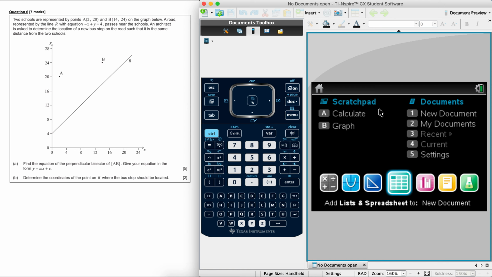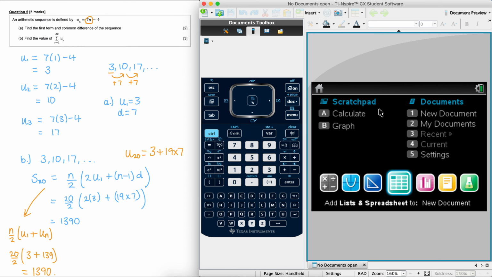So to find the perpendicular bisector, we know that it needs to cross through the midpoint and have a 90-degree gradient compared to, or perpendicular gradient compared to the original line of A and B. So if this is my original A and B, then my new line, which I'm going to draw in green, this is the perpendicular bisector, is going to be at 90 degrees, and it goes through this midpoint.